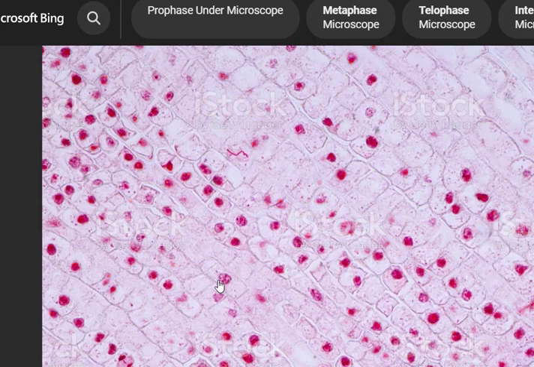This one is in prophase. I can tell because I can see the nuclear envelope, but I can also see chromosomes. So that's got to be prophase. Another picture of anaphase. Here go the chromosomes towards the ends. And once they get to the ends, then they're in telophase.